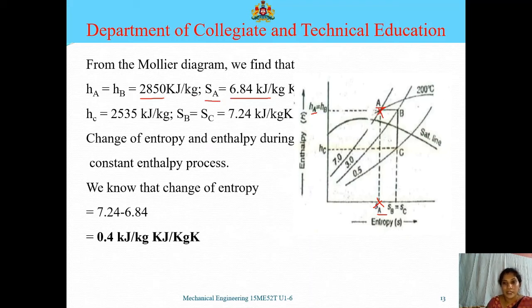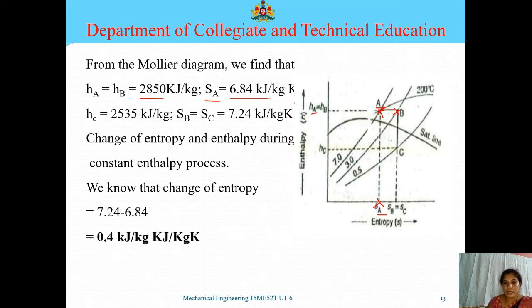Okay. So what I'll do again, since it's a constant enthalpy process, I'll draw a horizontal line till the pressure line at 3 bar. I'll search for the line where the pressure is 3 bar. I'll draw a straight line till it meets the point B, the pressure line at 3.